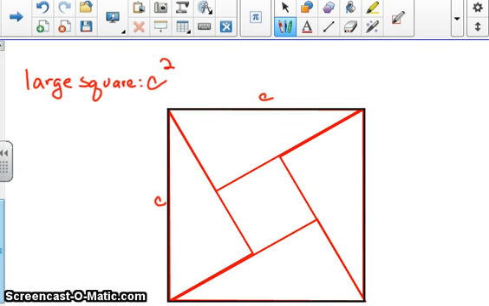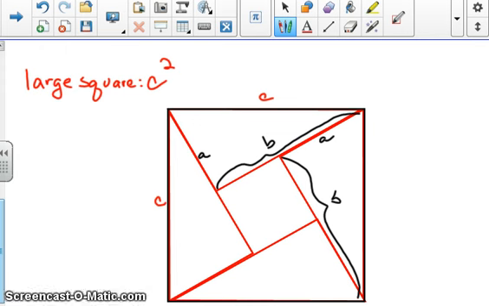Each of these triangles on the inside had a short side of A and a long side of B, all the way around. So I had 4 of these triangles, so each of those areas is 1/2 AB.